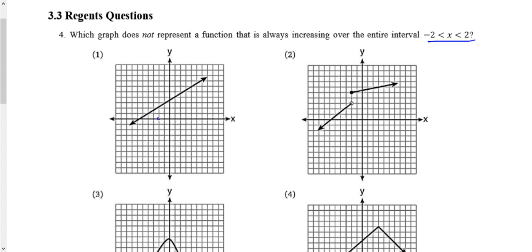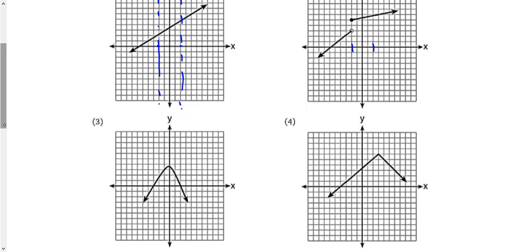Negative 2 to positive 2. So maybe I'll do this just on the first one. Is there a key word in this? Not. But that one's increasing, so it's not 1. All right, so not always. On all of these, you're looking between negative 2 and 2.